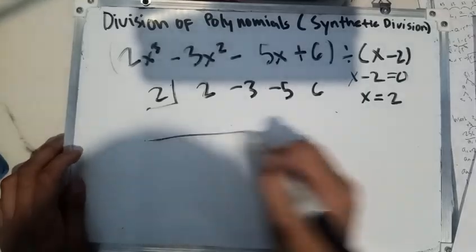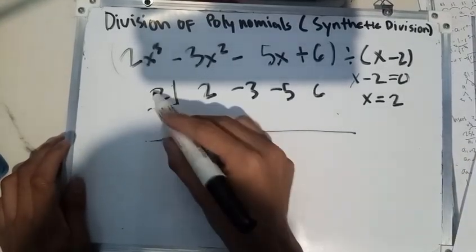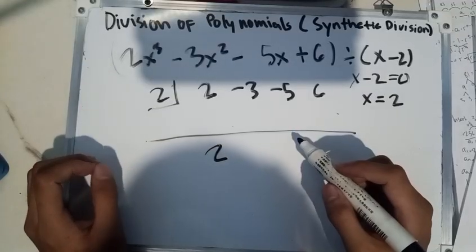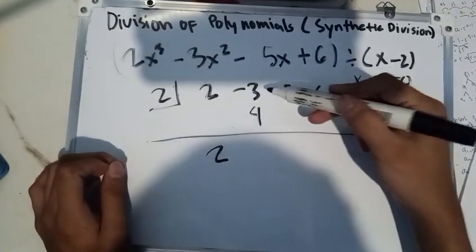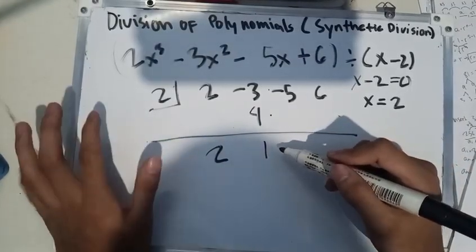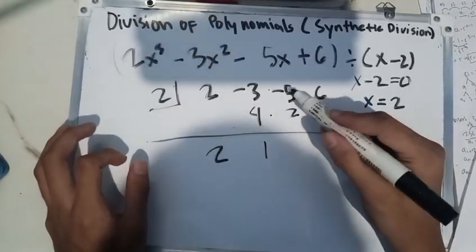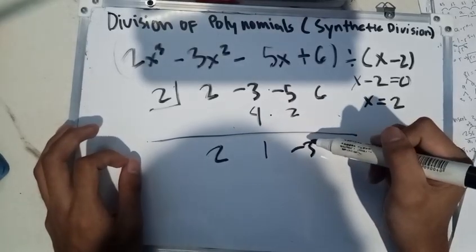Leave space, then a line. So bring down 2, then multiply by the number in the small box. 2 times 2 is 4. Add up, we have 1. 1 times 2 is 2. Negative 5 plus 2 is negative 3.